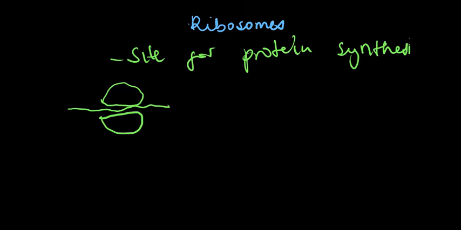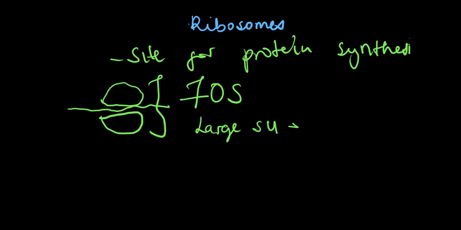For instance, the bacteria has what we call the 70S ribosome. This 70S is for the whole entire ribosome, and like I said, they don't add up. For instance, the large subunit is what we call the 50S.